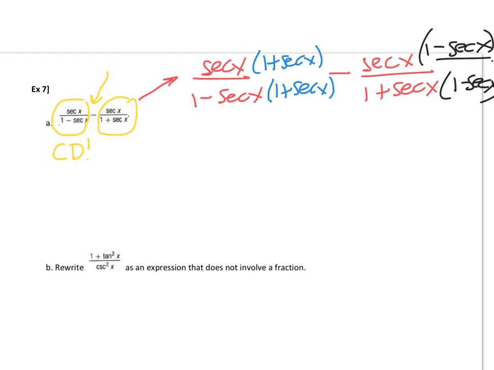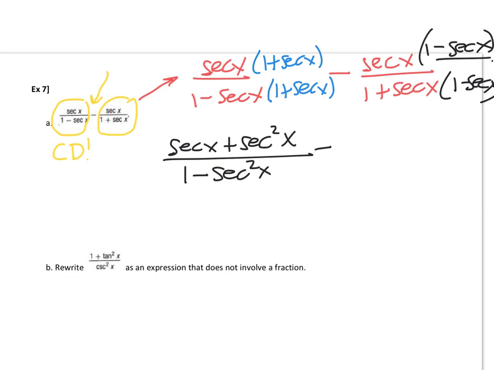All right, so fun times here. So I'm multiplying the bottoms. I have a difference of squares. So I'm going to get secant of x plus secant squared of x over 1 minus secant squared x, minus secant of x minus secant squared x.